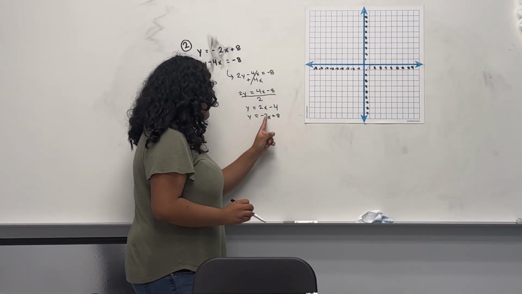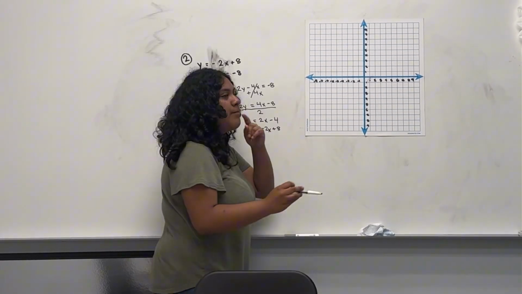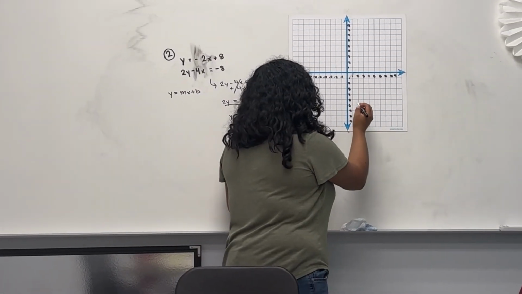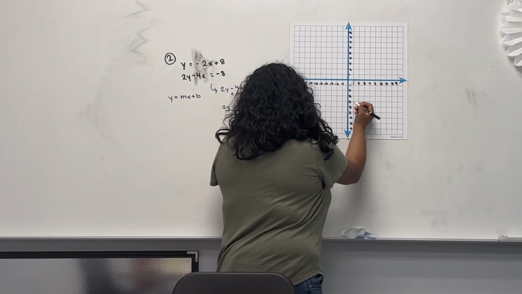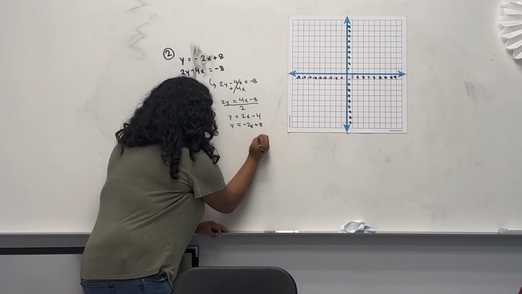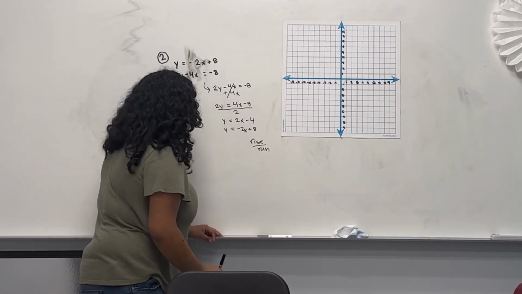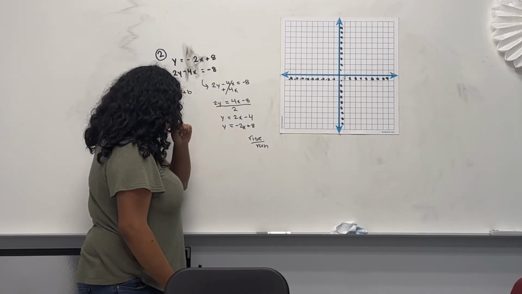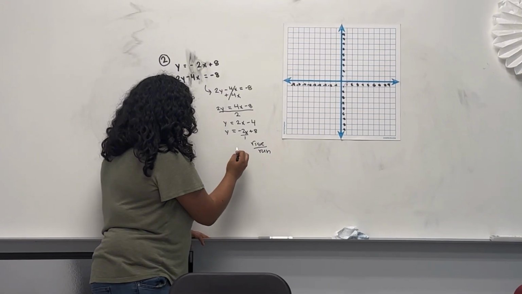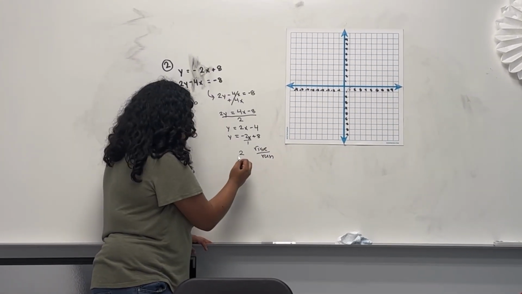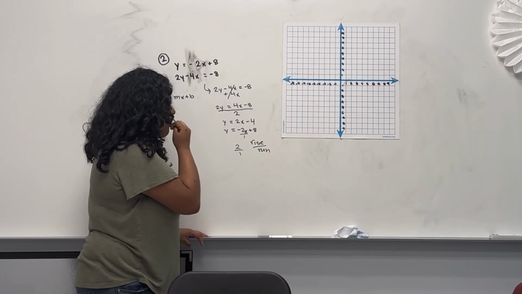So then here we come with the graph. I'm going to graph this one first. Negative 4 on the graph is right here. From there, there's something called rise over run, which we could make into a fraction too. In reality, you go up by 2 and run to the side by 1.